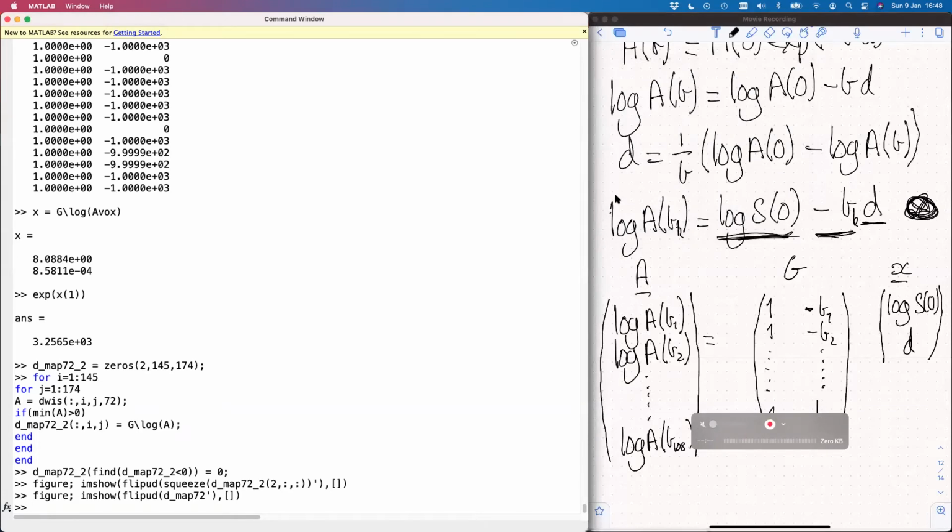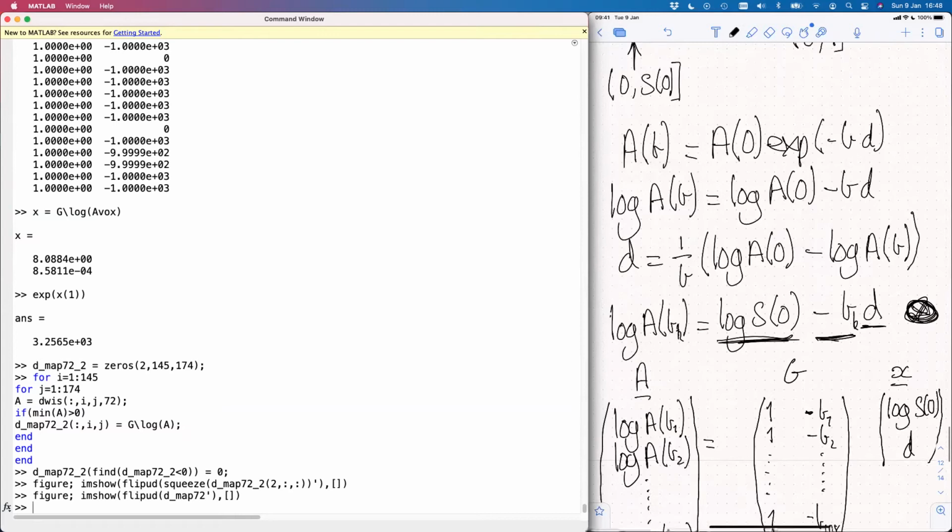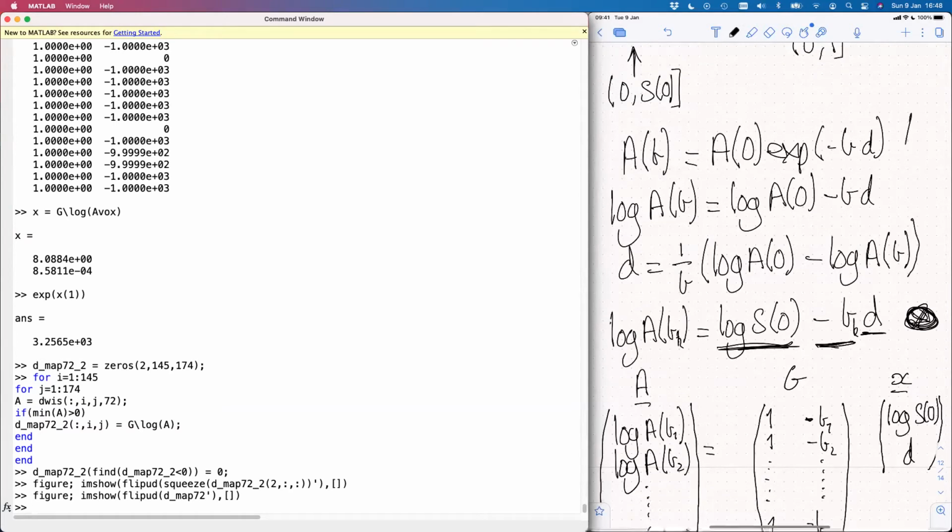We can, of course, plug them back into our signal equation here, in order to get estimates of what the actual signals should be that our measurements are noisy versions of, and compare those estimated signals to the actual signals that we measured, partly as a sanity check, but also to get an idea of how well our model is approximating the actual measured data. Very simple to do that.